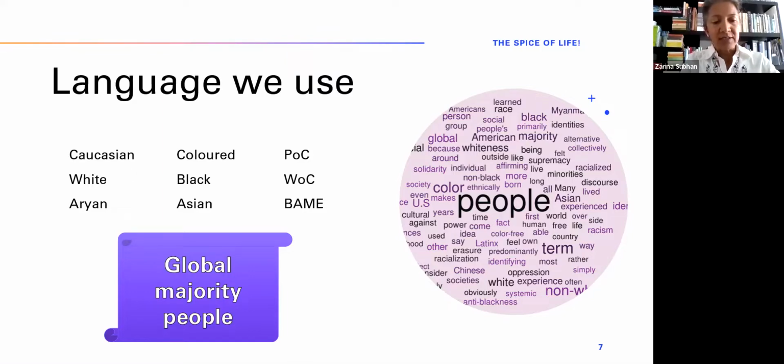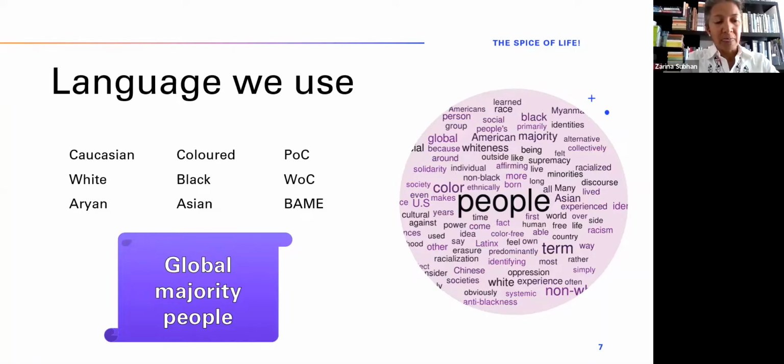And it said that BAME excludes certain ethnic minority groups, for example, mixed, Gypsy, Roma, Traveller, and other white ethnic minority groups.